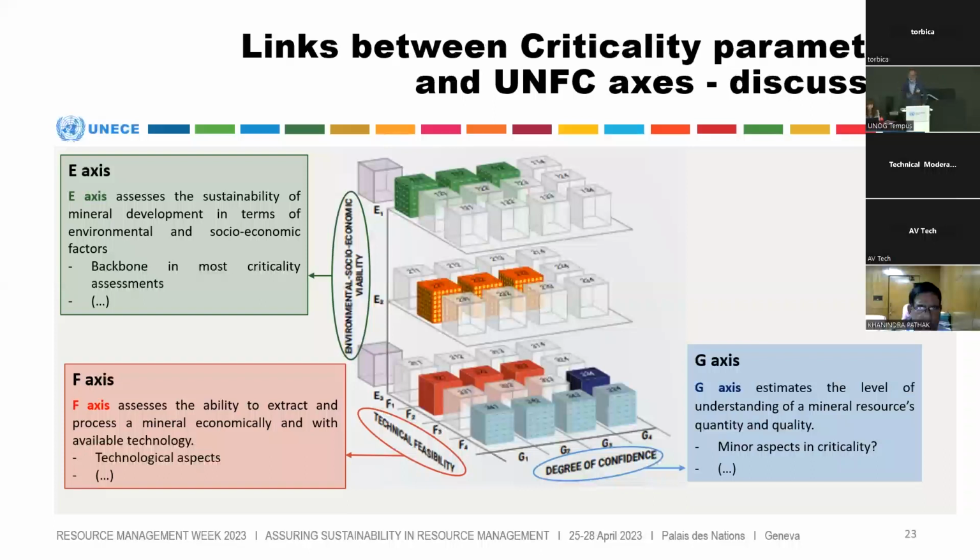So that's the G-axis. I would say the E-axis is the one on which probably we want to concentrate most of our discussion, because it was highlighted in the morning. On one hand, this is the real power of UNFC, but we also saw that it's the tricky part in understanding in which way criticality can be somehow mitigated.